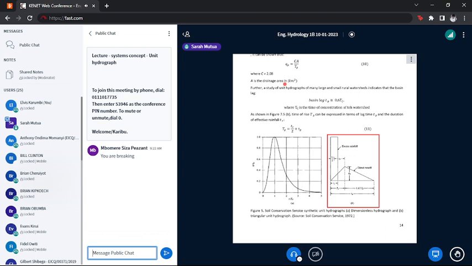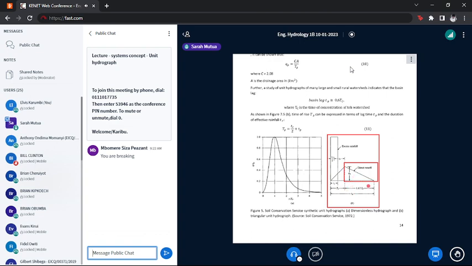According to the SCS method, they have suggested that the recession, that is the falling limb, this particular part of the hydrograph, is the recession part. We have a rising limb and a falling limb.